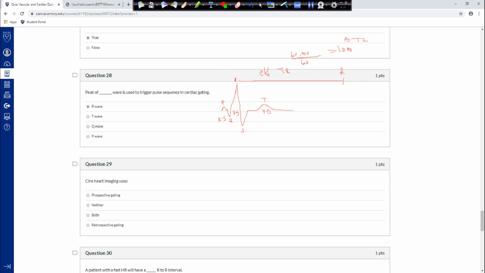What's it called when we get an elevated T wave? When our patient gets put into our scanner, naturally, due to the properties of the magnet, our T wave is going to be elevated. It looks similar to the R wave, so sometimes it's hard for the system to differentiate the R and the T wave. But what's it called when the T wave is elevated? Is this the MHD? MHD, yeah.